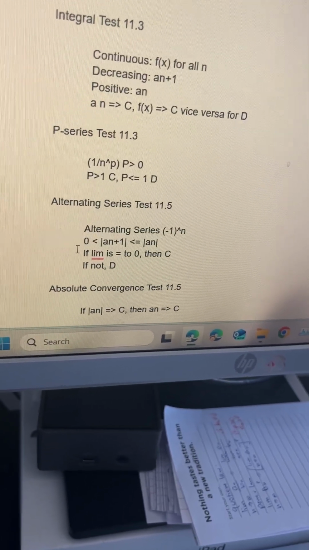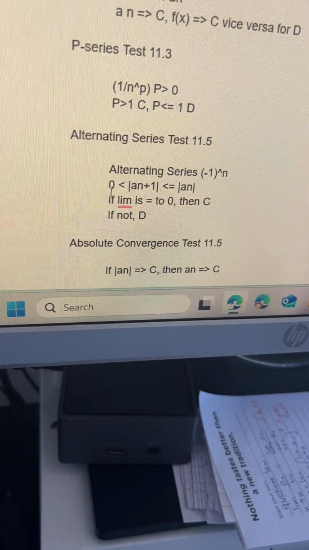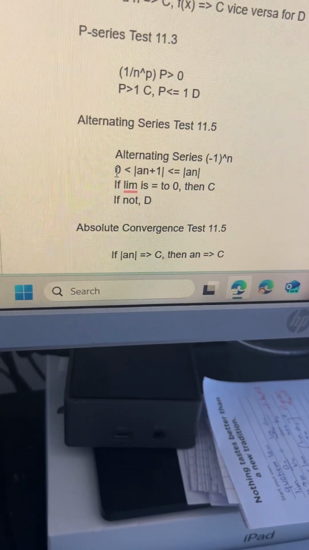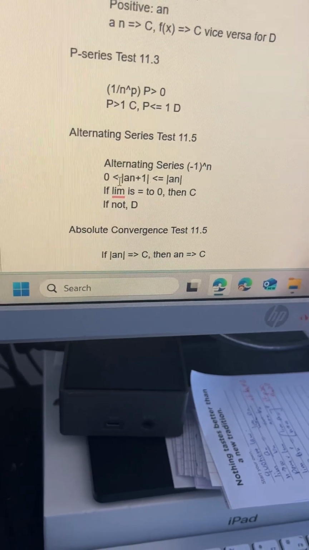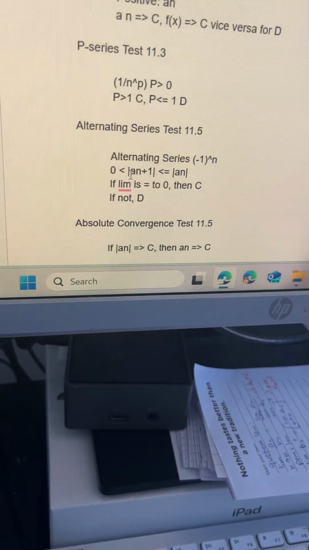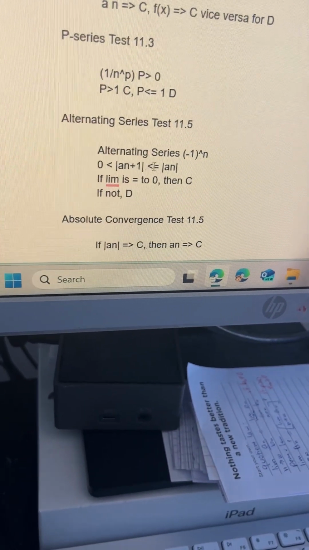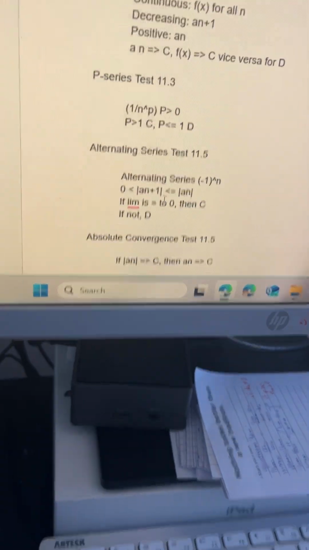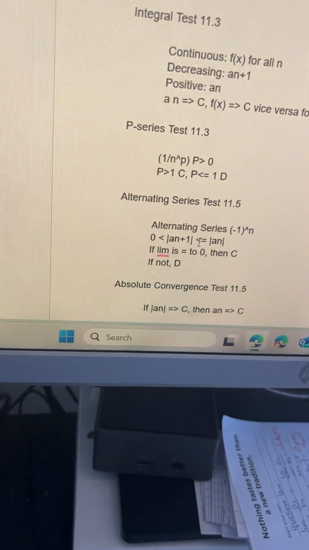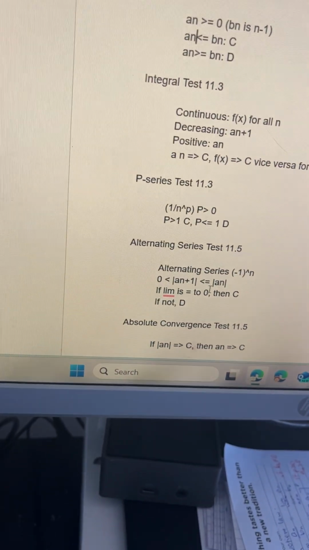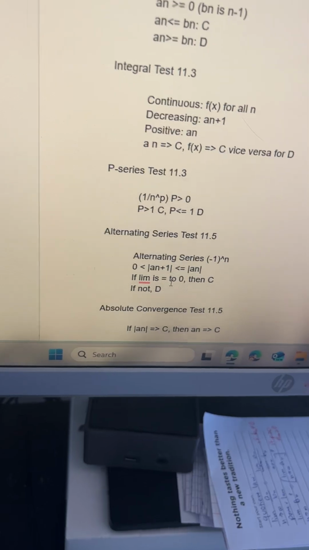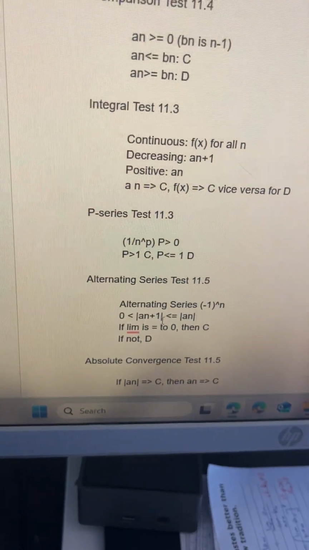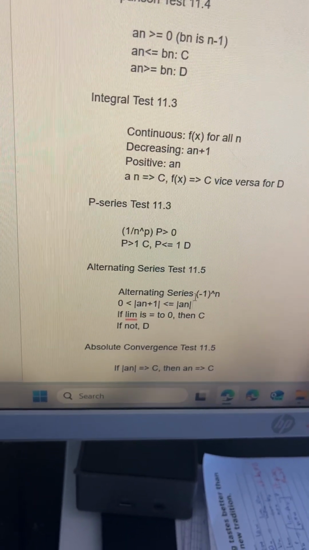And one of the ways to check this, one of the steps, is that 0 has to be less than an plus 1, which is basically the second part of the series, and that has to also be less than or equal to an. The very important thing here is that both have to be in absolute value, because you can't do it with a negative value.